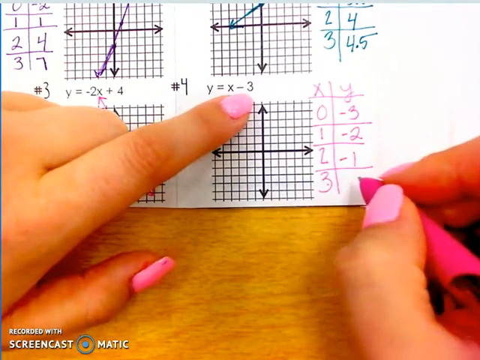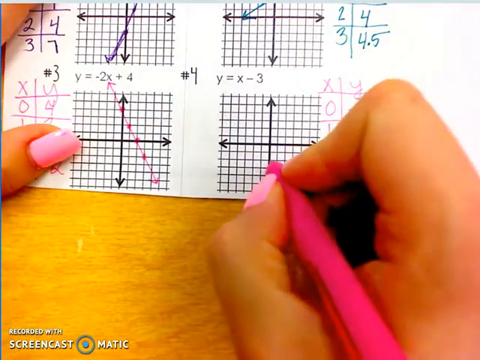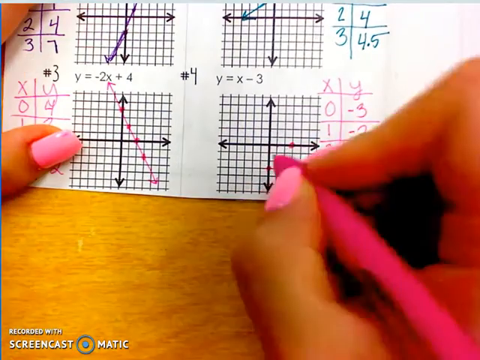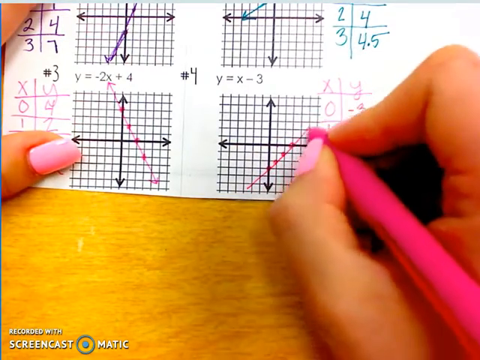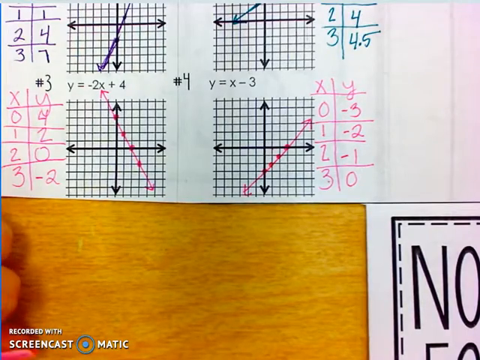And 3 minus 3 is 0. Also linear. Linear equation, linear function.